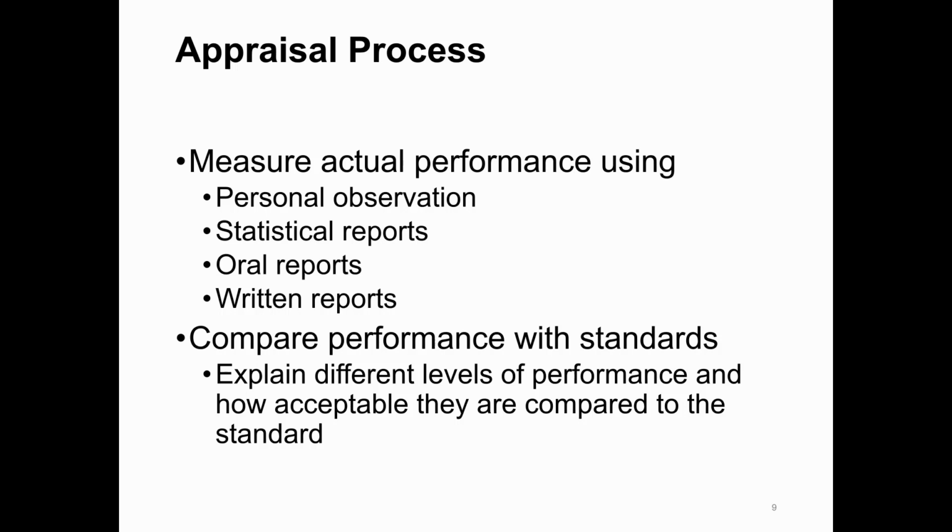Third point is about measuring the actual performance. So how can the actual performance be measured? If we look at it in terms of simplicity, there will be two dimensions of measurement: qualitative and quantitative. Quantitative measurement talks about the quantity or the number of items that an organization wants, for example, after a day, a week, or a month.